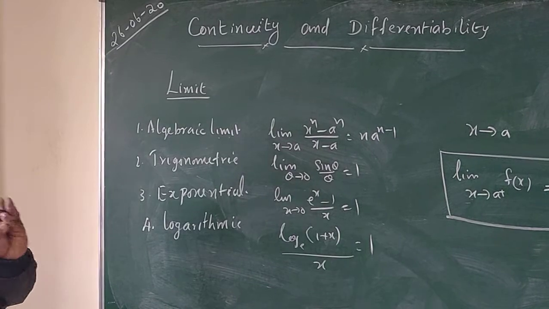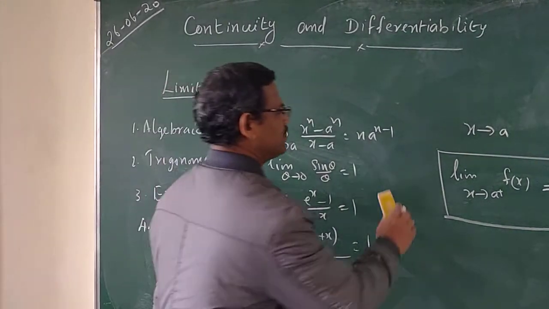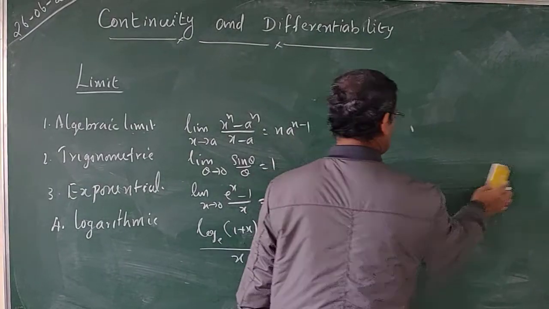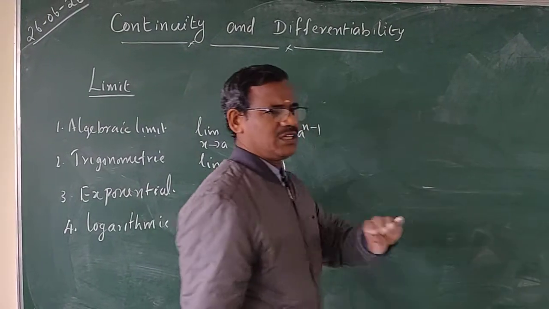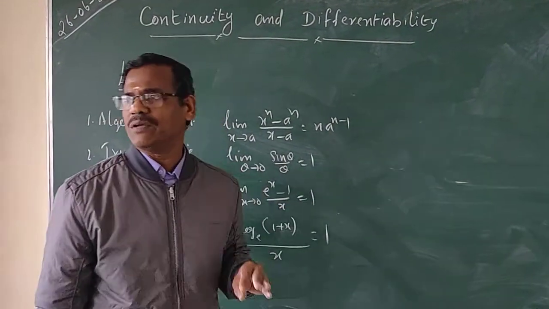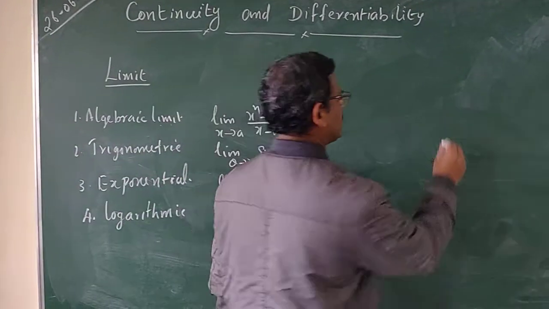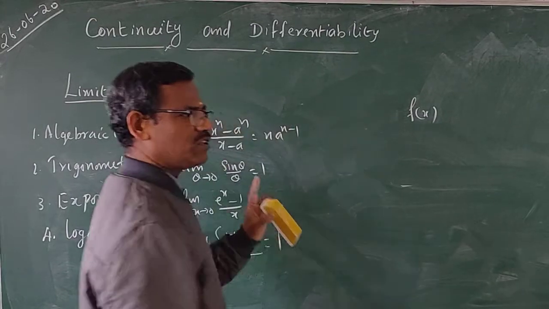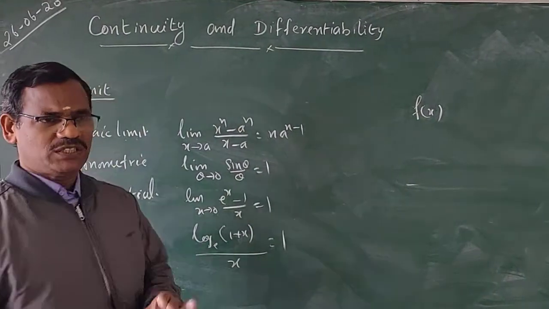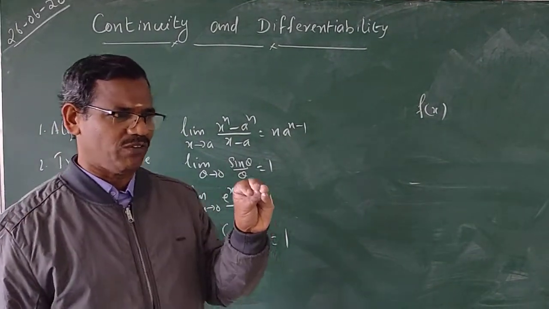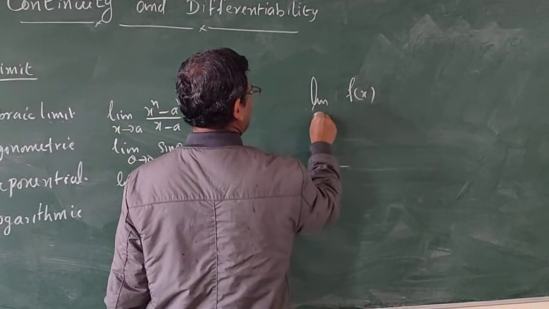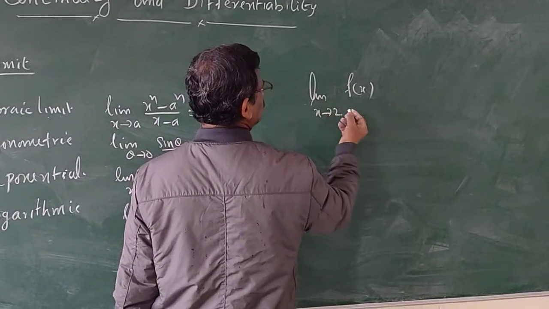And also I explained at that time the steps, or what you can call the flow chart, for how to find the limit. When you are asked to find the limit of a function, say f of x is given, your first step is to substitute the value. Say you are asked to find limit x tends to 2.